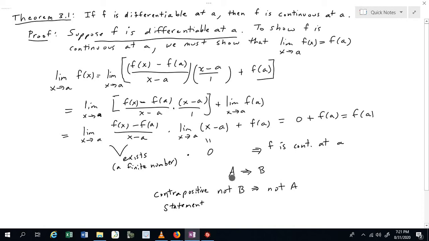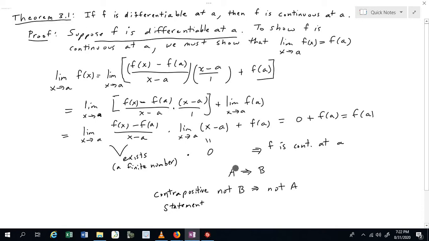If I tell you that A implies B and B does not happen, then A could not have happened, right? It's just not possible. A implies B, and you're telling me B did not happen, well then A didn't happen. And that's called the contrapositive statement.